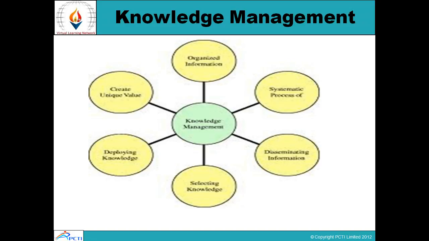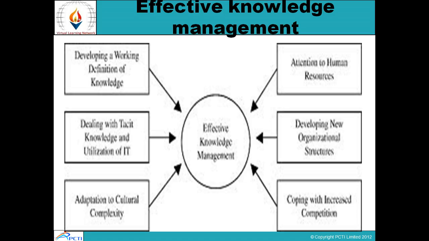We have to deploy the knowledge, and before this we have to create the unique value. So all these things come under the knowledge management system: create the knowledge, organize the knowledge, make a systematic process of knowledge management, disseminate the knowledge or information, select appropriate knowledge, deploy knowledge, and in this way all the dimensions keep on circulating with respect to each other, right?